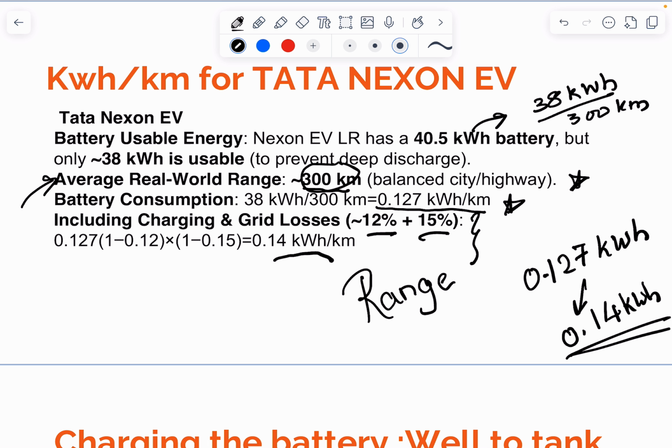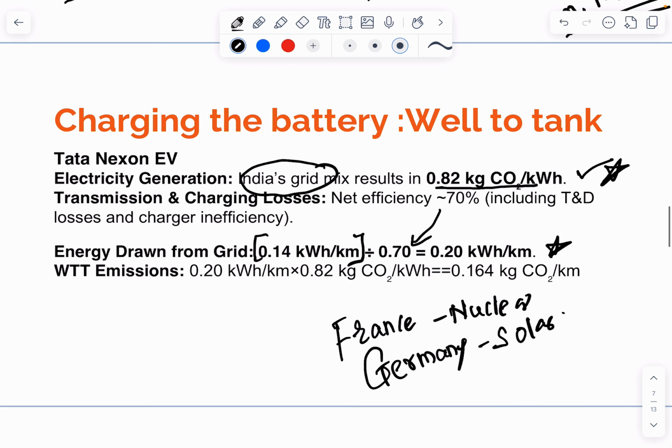So this I have considered at the household level, from the DP to the house, whereas this I have considered as a total grid level, where I am doing the analysis of the entire transmission and distribution networks. So from the power plant up to the DP, all these values would reflect to 70%.